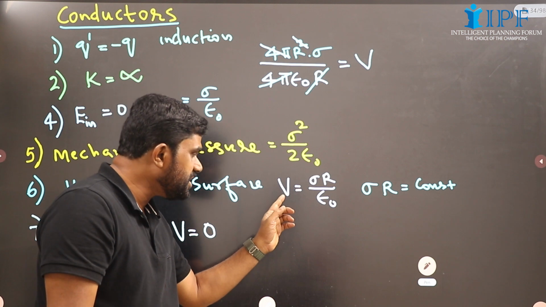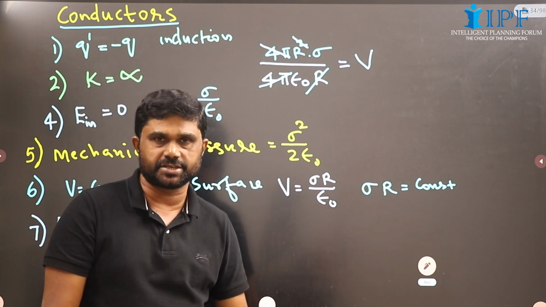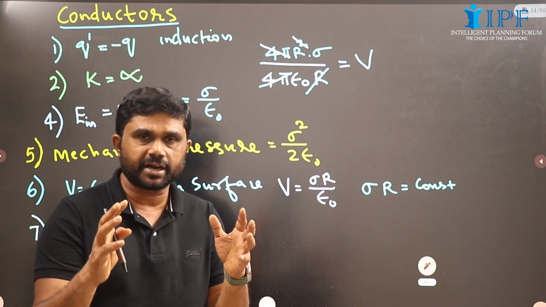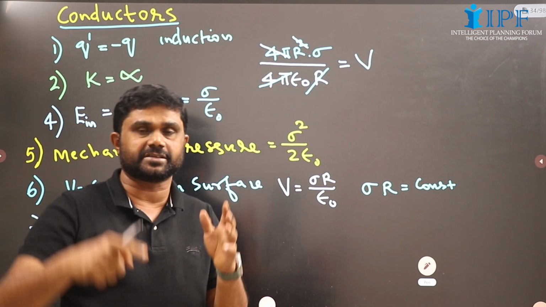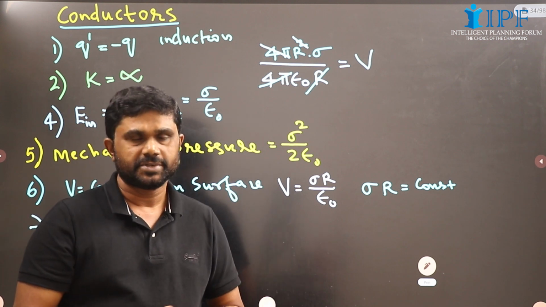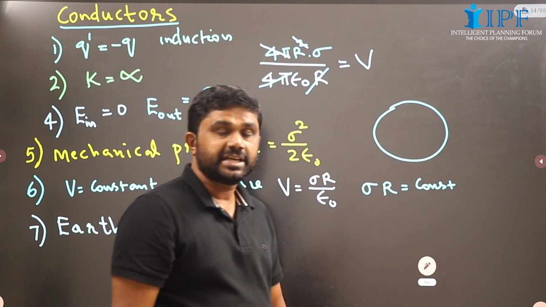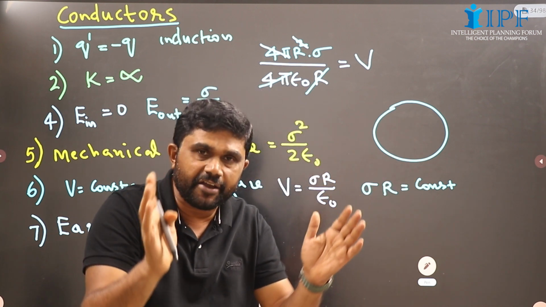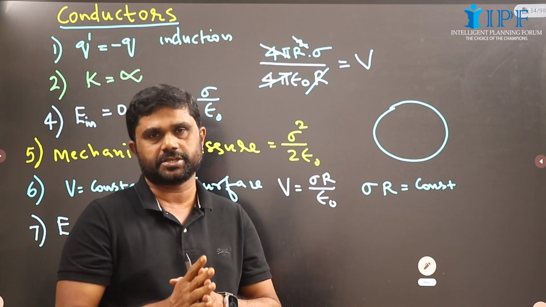So V is constant, epsilon 0 is constant, so sigma r is constant. So on the surface of a conductor, the product of surface charge density and radius is constant. When we take a perfect sphere, the radius is constant everywhere, so the surface charge density also will be constant.